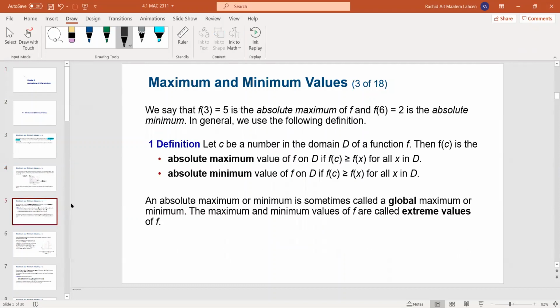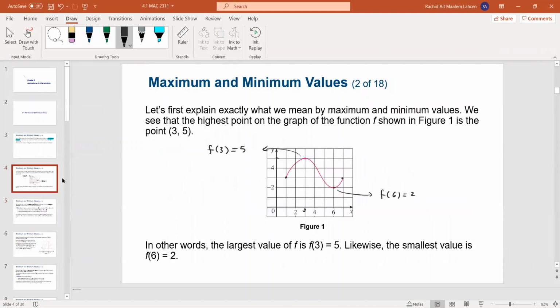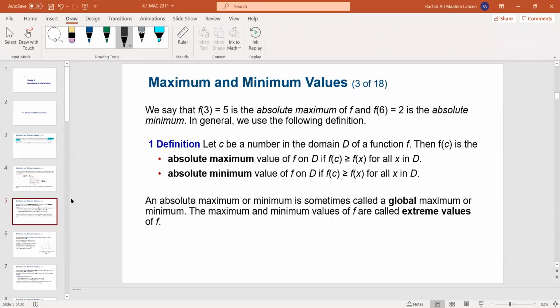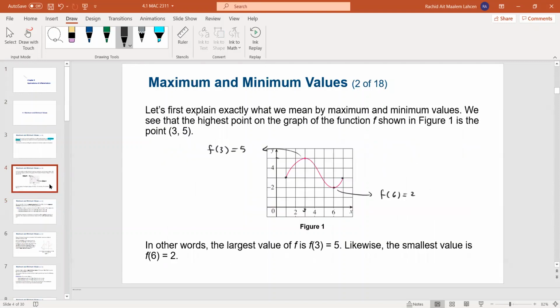So we can say by definition that the absolute maximum value of f on a domain D is the value f(c), for example f(3) = 5, where f(c) is greater than or equal to f(x) for all x in the domain.